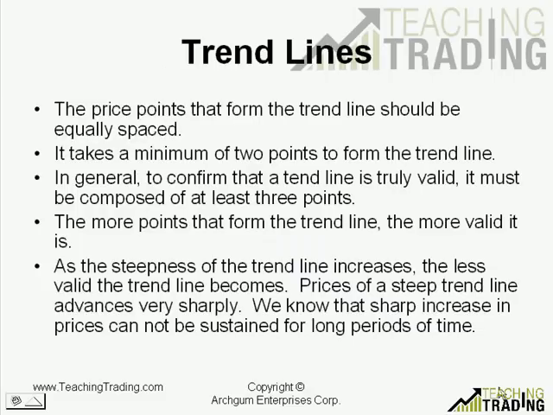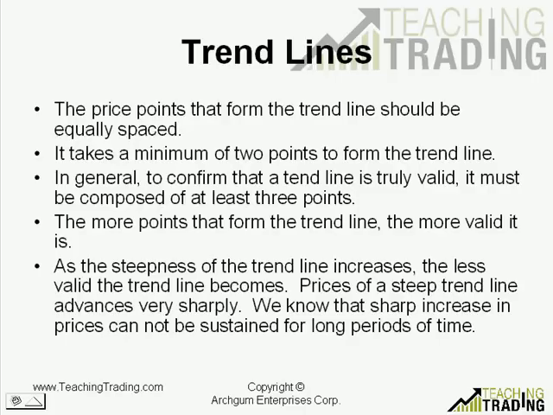The price points that form the trend line should be equally spaced. It takes a minimum of 2 points to form the trend line. In general, to confirm that a trend line is truly valid, it must be composed of at least 3 points. The more points that form the trend line, the more valid it is.